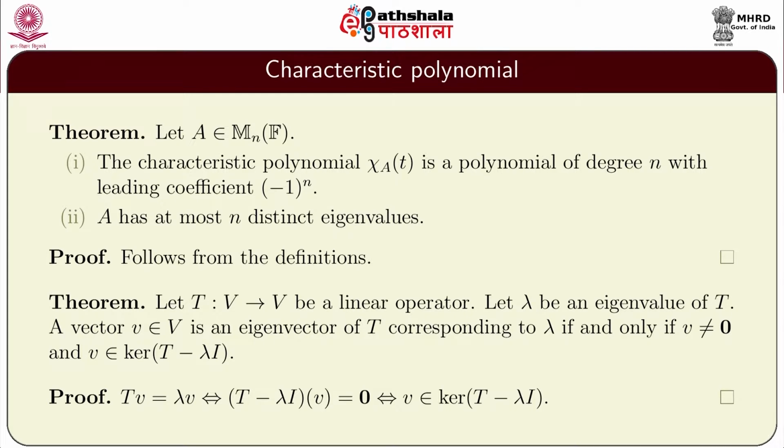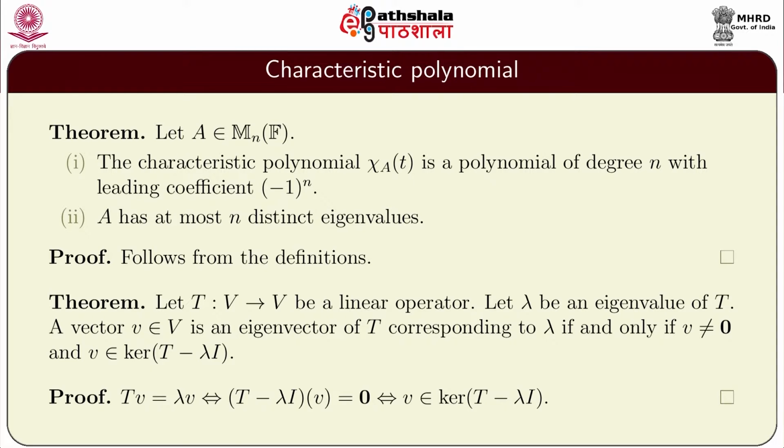Well, this is straightforward from the definition of chi A of T. Recall, the definition of chi A of T is nothing but the determinant of A minus T In, where In is the n cross n identity matrix, and the determinant is indeed a polynomial function, and A is n cross n.